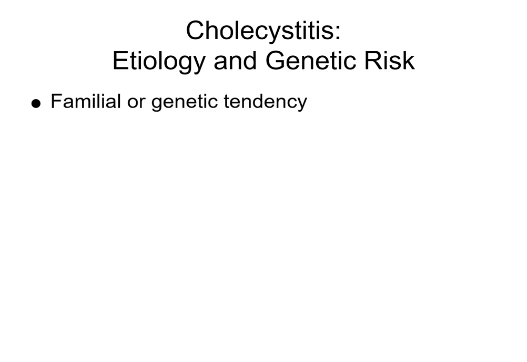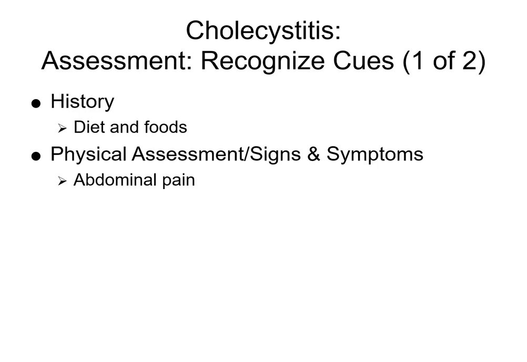Okay, so when you are assessing the patient with suspected gallbladder disease, what does the nurse need to be sure to ask about in the history? Their diet. You're going to be asking about any food preferences, because what do you know will contribute to gallbladder dysfunction and disease?